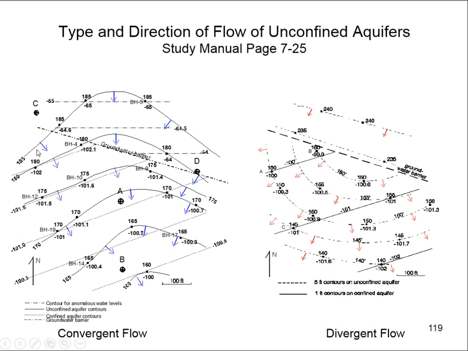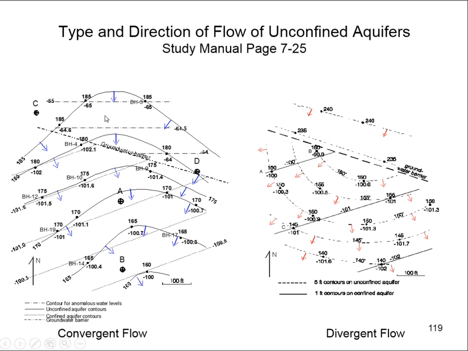Okay, so this is not topography, these curved lines. But we have to realize that an unconfined aquifer is going to mimic the overlying topography to a more subdued extent.